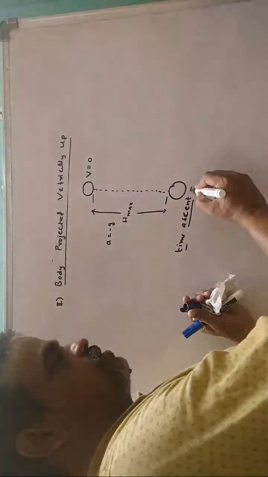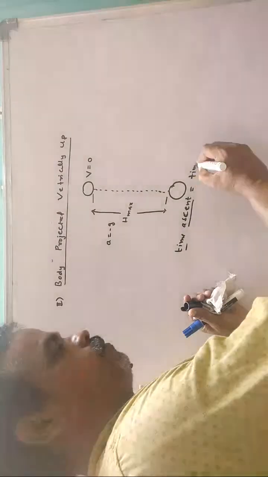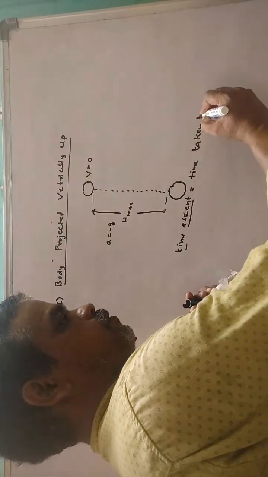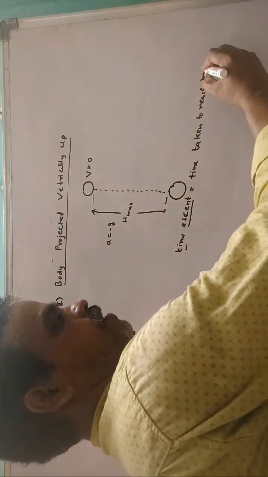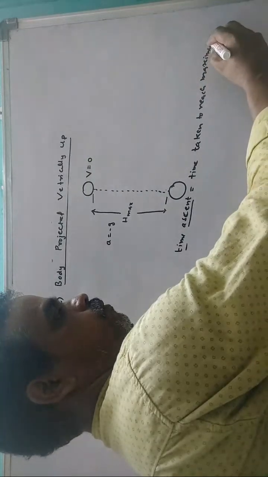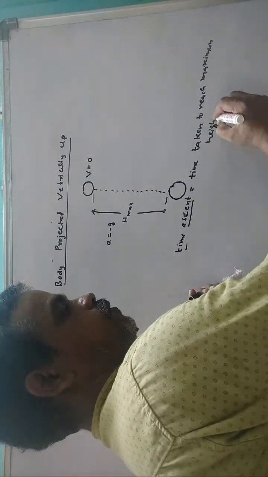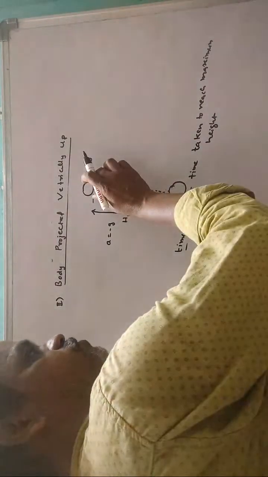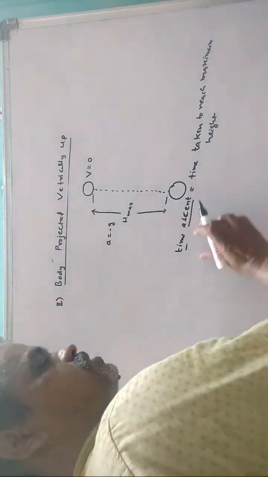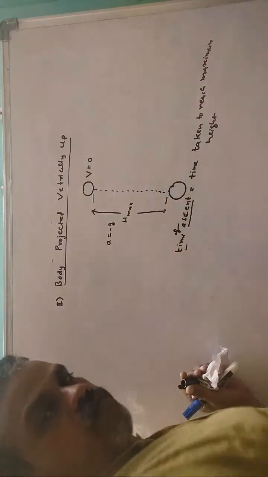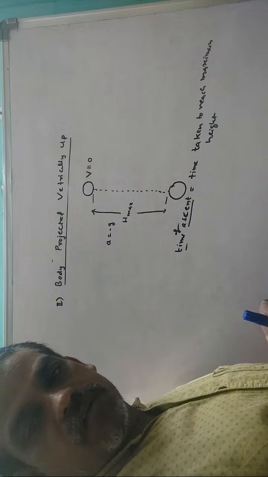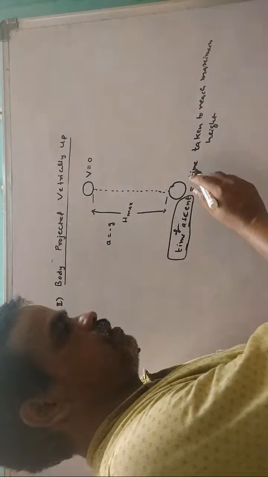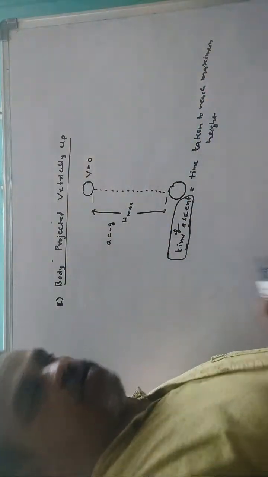So write this: time of ascent is the time taken to reach maximum height. The body is reaching maximum height. How much time is taken? That is the time of ascent. You just write this one: time of ascent, time taken to reach maximum height.